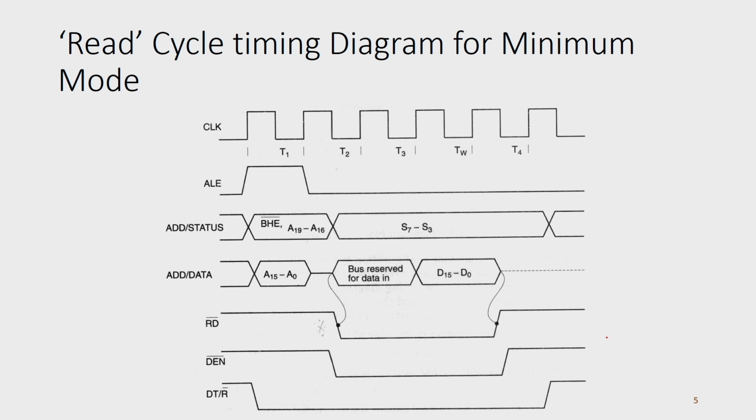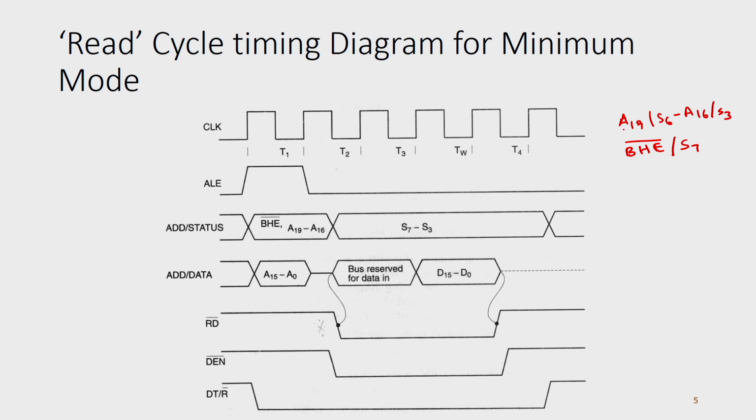As I have told, like the status signals, A19 to A16 are multiplexed with S6 to S3. Similarly, there is one more status signal, S7, which is multiplexed with the bus high enable signal. I will come to the function of this bus high enable.